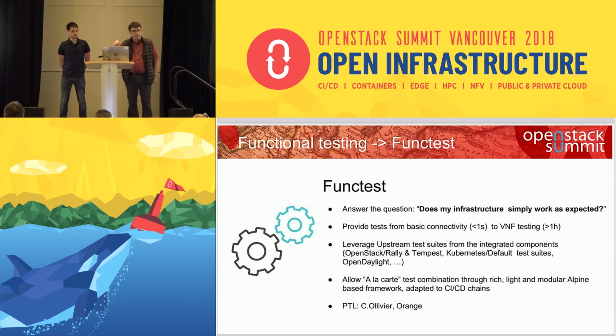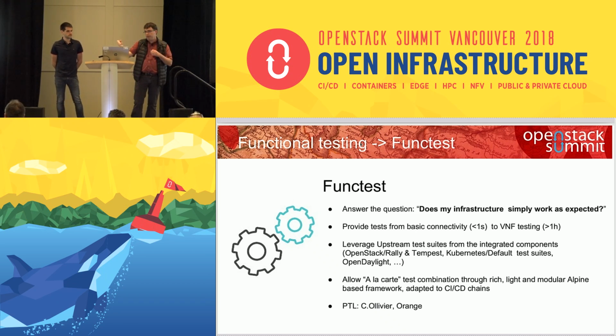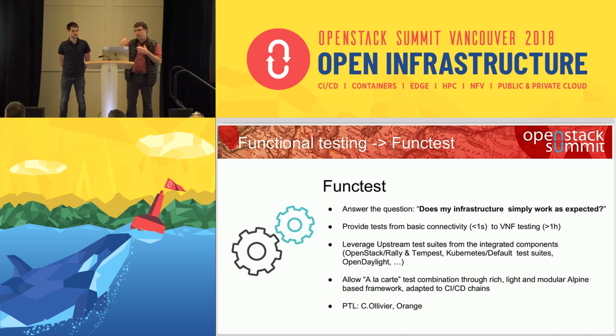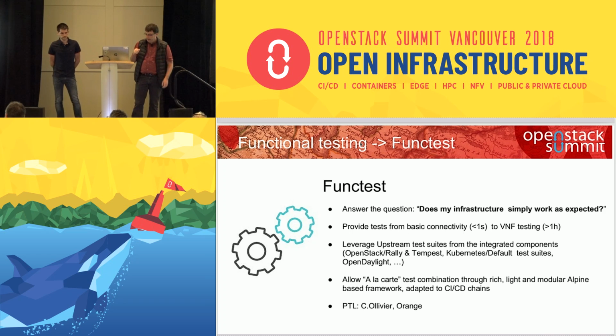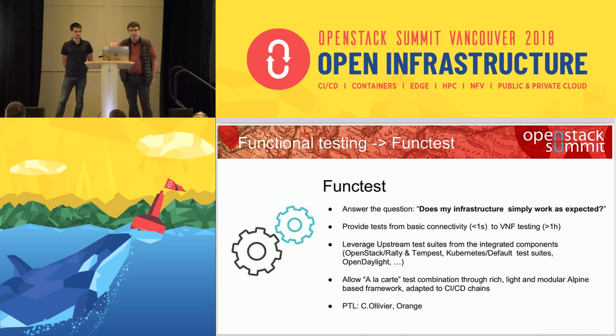So as mentioned by Valentin, OPNFV is just an integration project where you take bricks from different components. You can have bricks from networking, bricks from additional features. And of course, depending on how you put that together, you can leverage a lot of tests corresponding to the ad hoc community. So for example, for the infrastructure, of course, we are running Tempest and Rally on all the different scenarios.